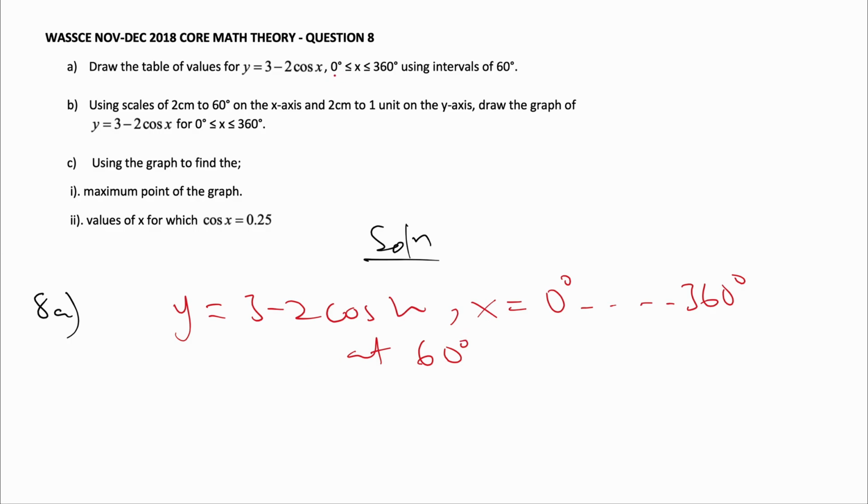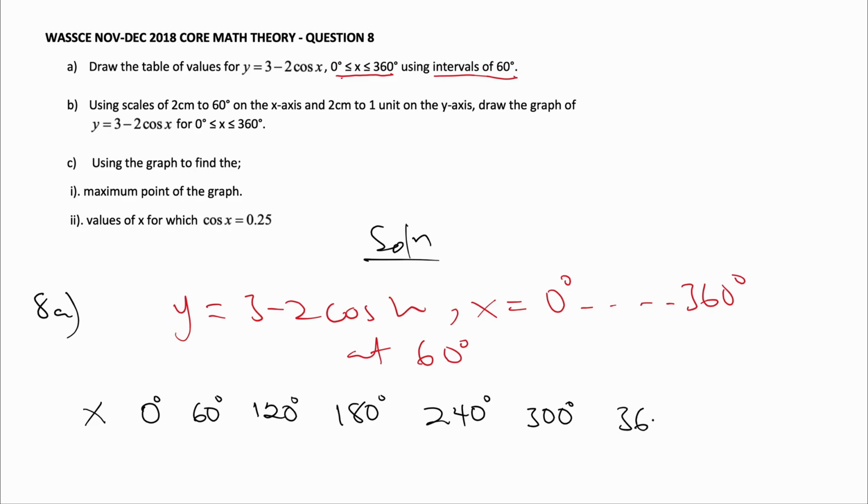So the values of x will be 0 degrees, 60 degrees, 120 degrees, 180 degrees, 240 degrees, 300 degrees, and 360 degrees.